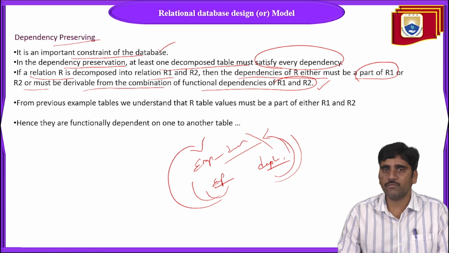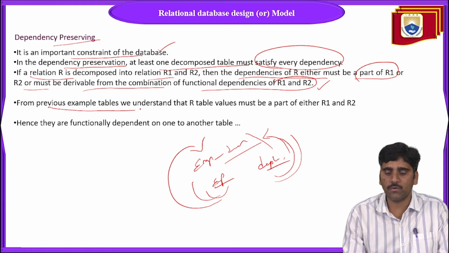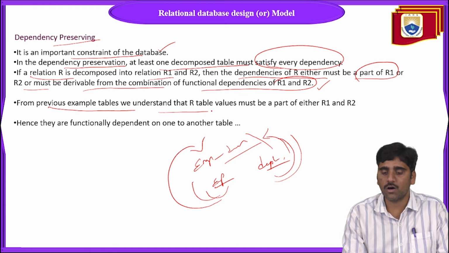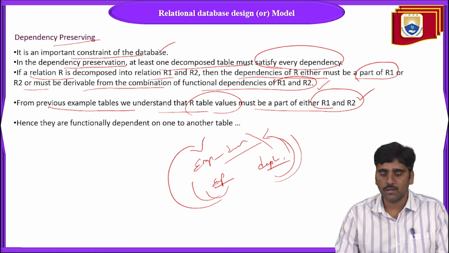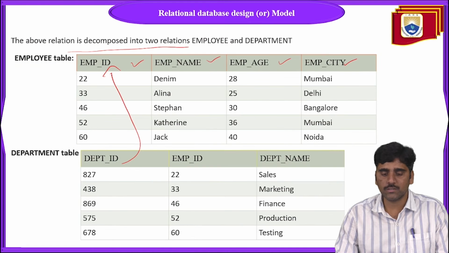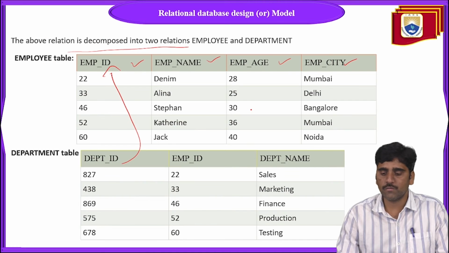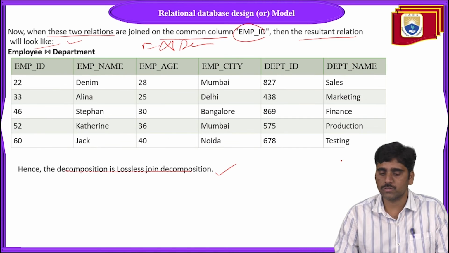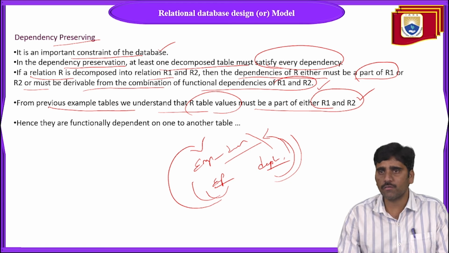From the previous example tables, we understood that R table values must be a part of either R1 or R2.